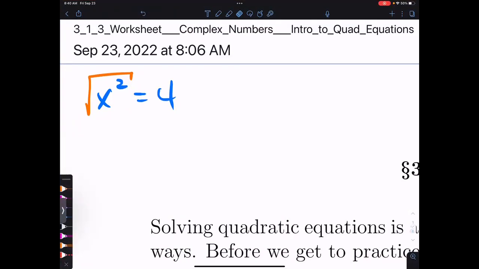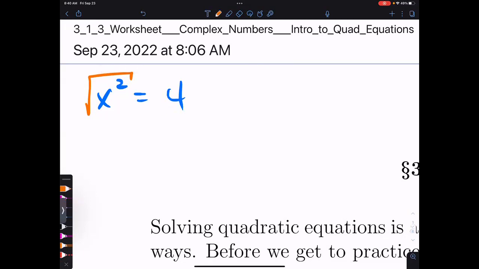So what happens here is that when you do this, the square root and the square do cancel each other. They undo each other, but I don't know if the thing that I squared to get 4 was 2, or what else could it be? -2.